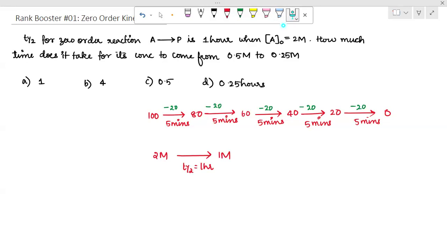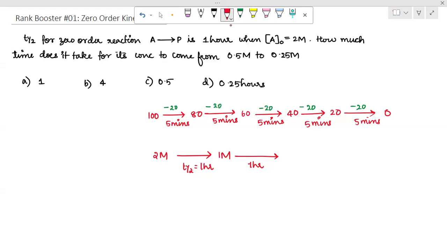Now we need to find the time required for the concentration to change from 0.5 to 0.25. So let's go on. It is 2 molar reducing to 1 molar in 1 hour.